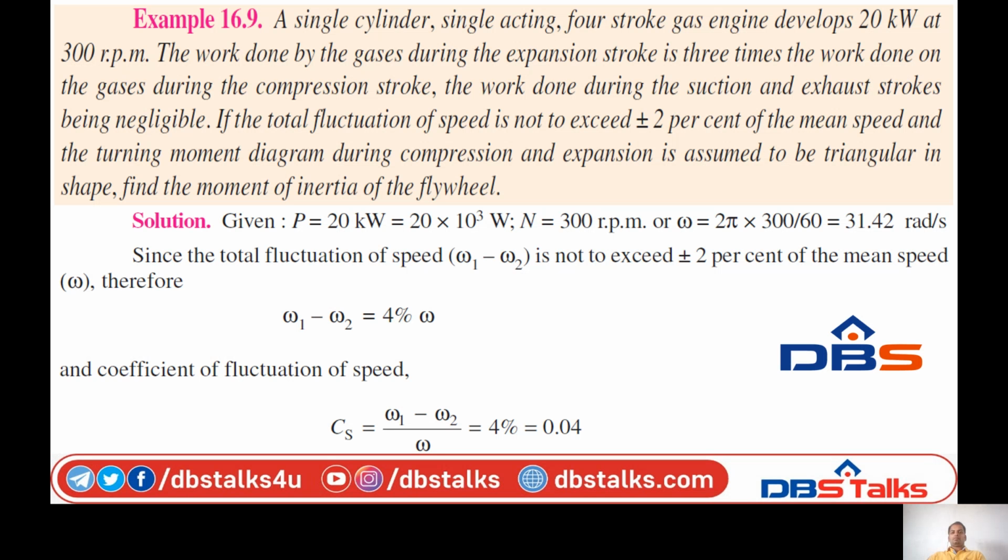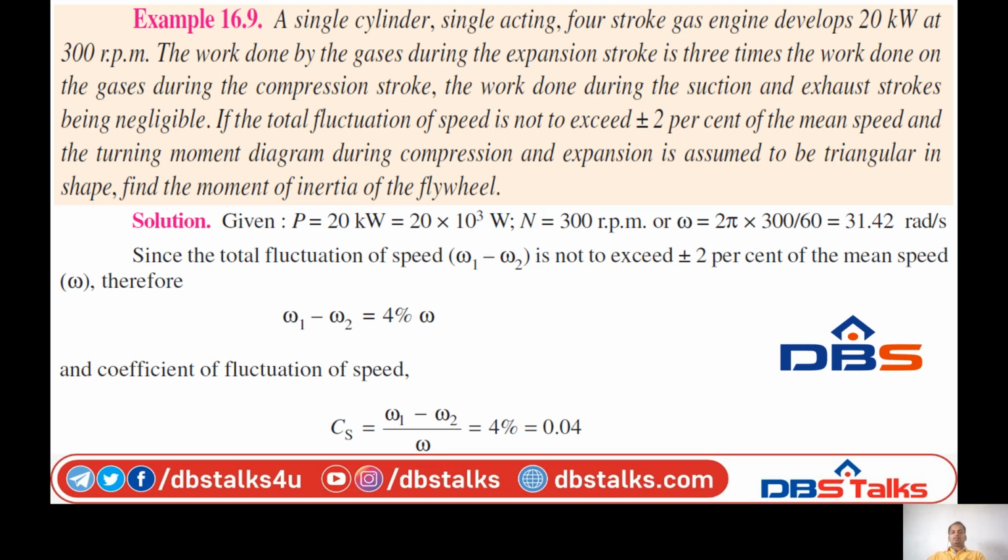Then a major important condition here is that the work done by the gases during the expansion stroke is 3 times the work done on the gases. So we have to note and underline the work done by the system and work done on the system.